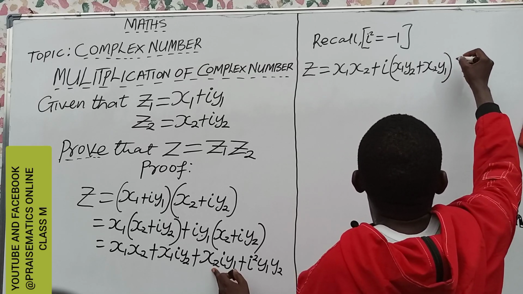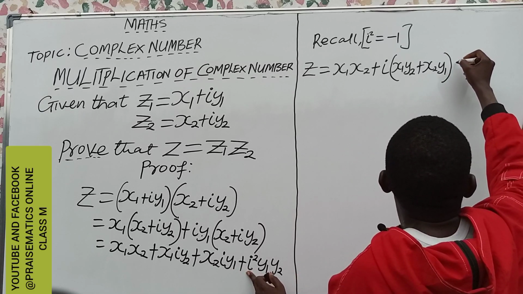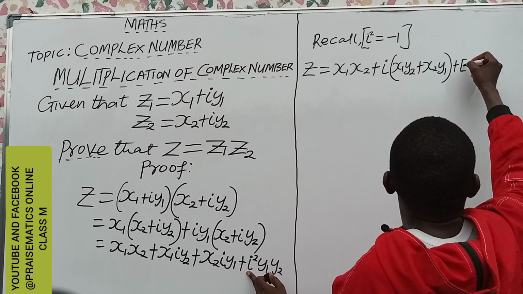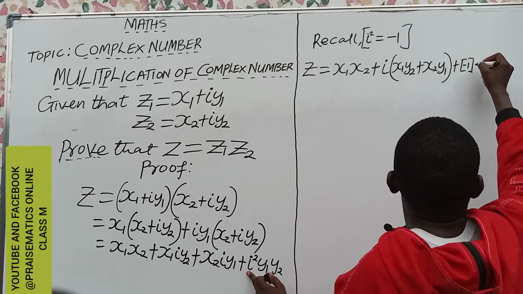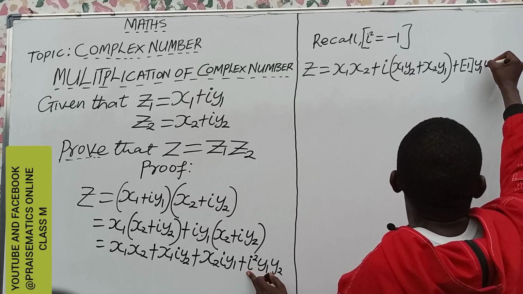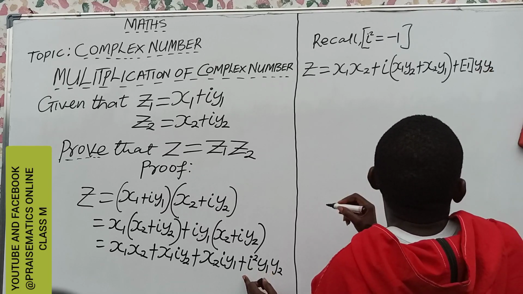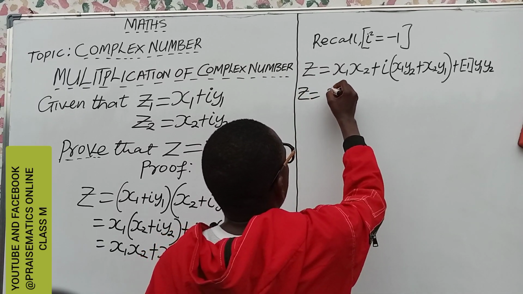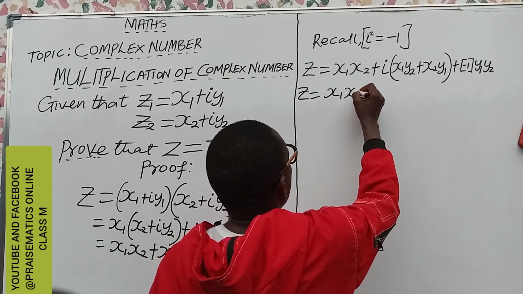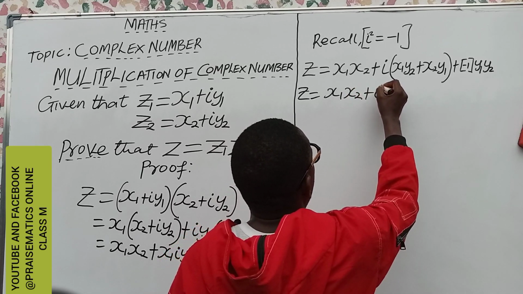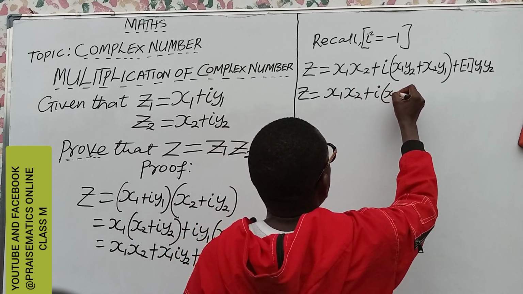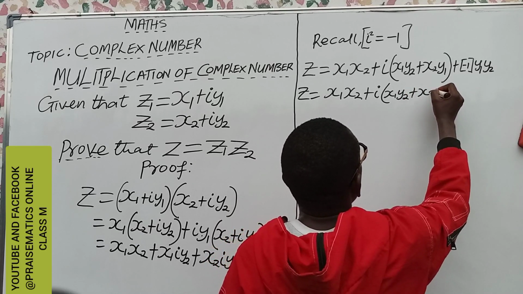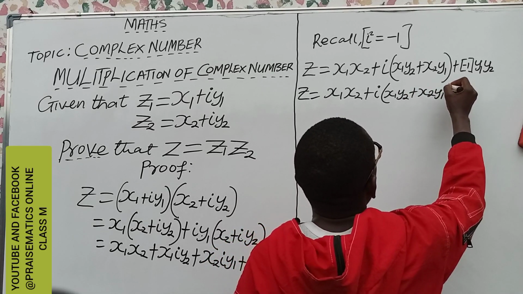Plus i squared is equal to minus 1, into y1 y2. Now z is equal to x1 x2 plus i into (x1 y2 plus x2 y1).